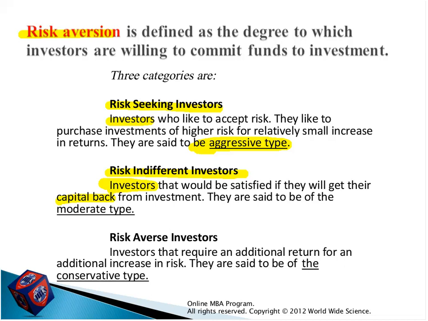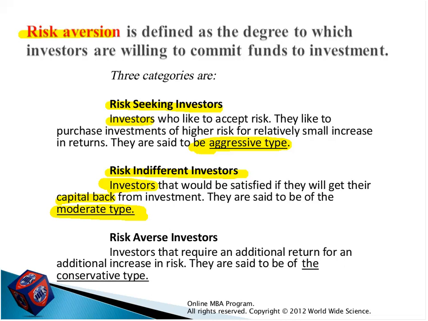This kind of investor is said to be of moderate type. For example, I have a project, I invest 100,000, and if at least I can get back my money, my investment, then it's already okay. I can accept this project. And this is the moderate type of investor.